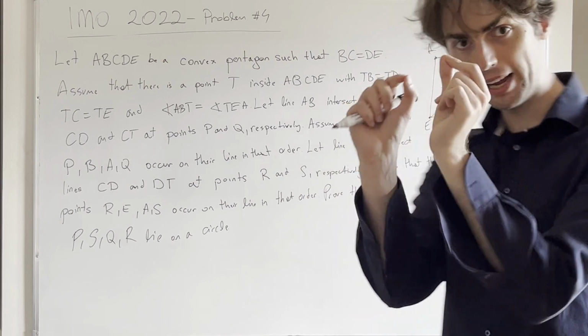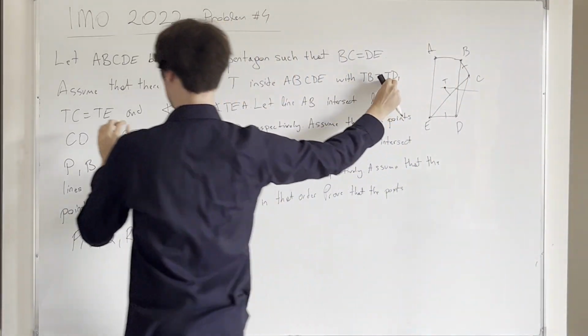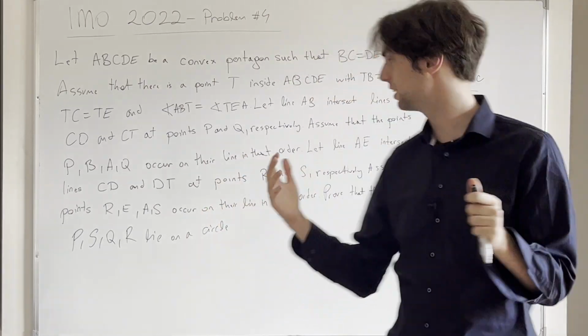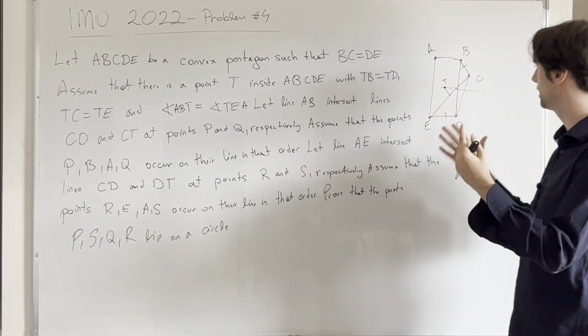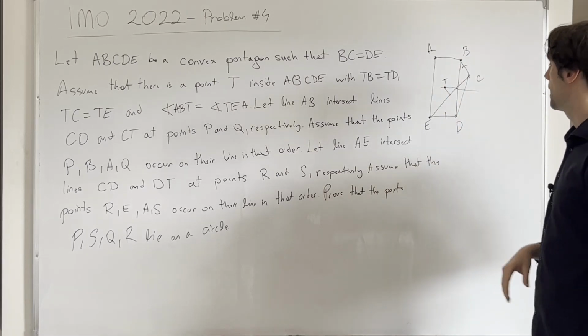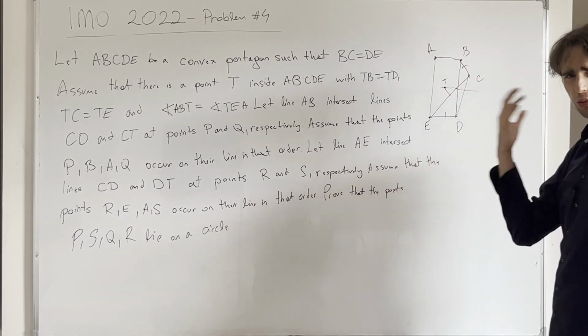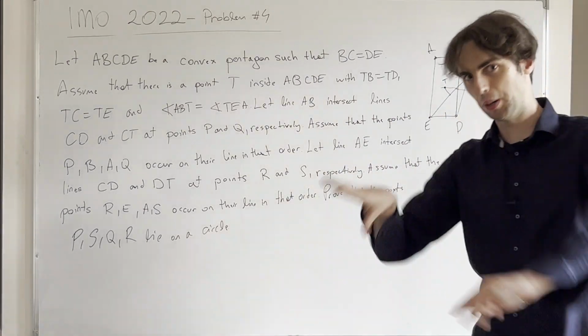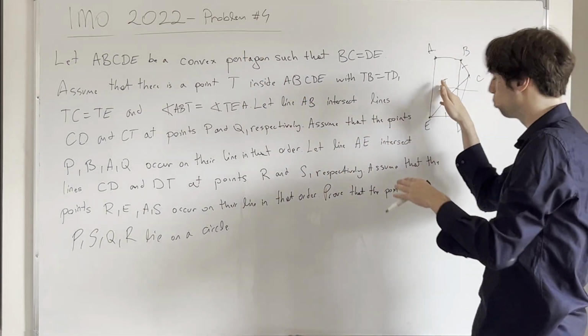Now, mind you, these two conditions define T, unless there are an infinite number of intersection points, but that would mean that BD is parallel to CE, which is impossible because this is a convex pentagon. Outside of that, there's one point.